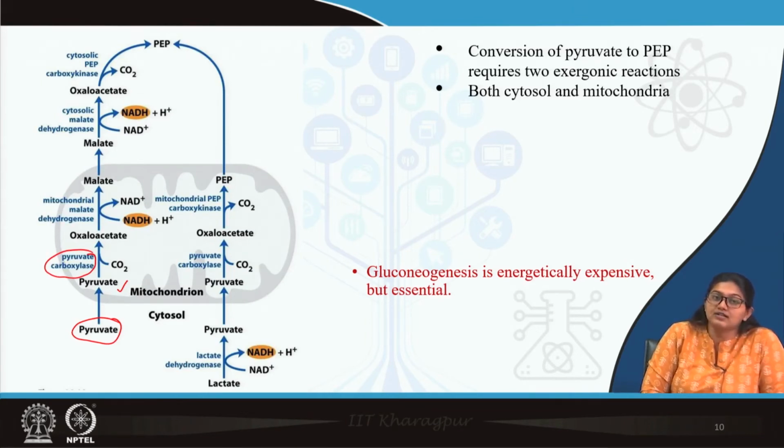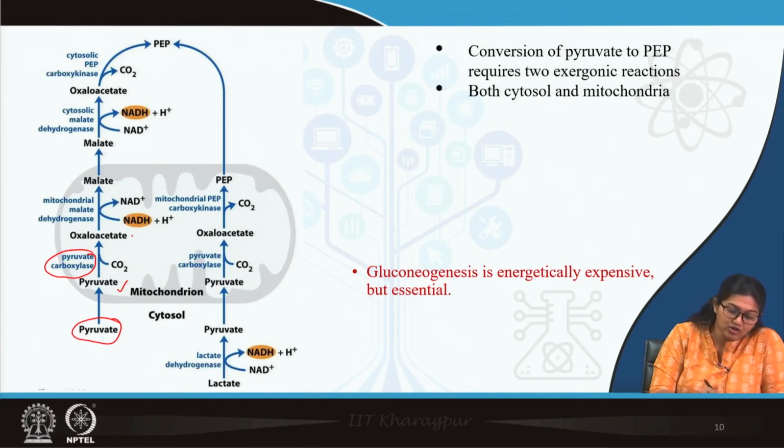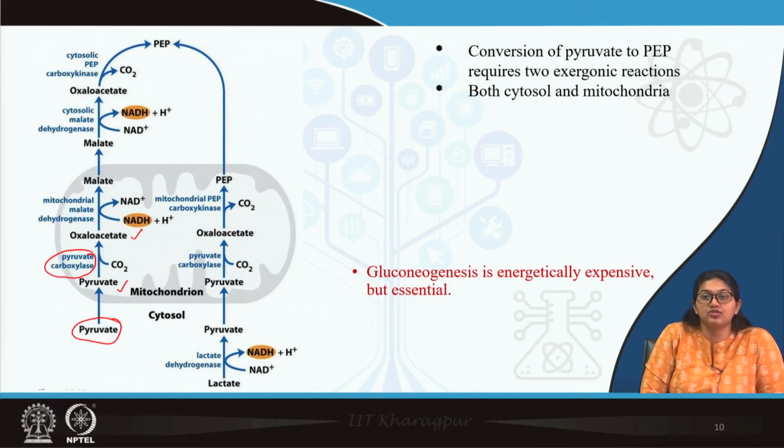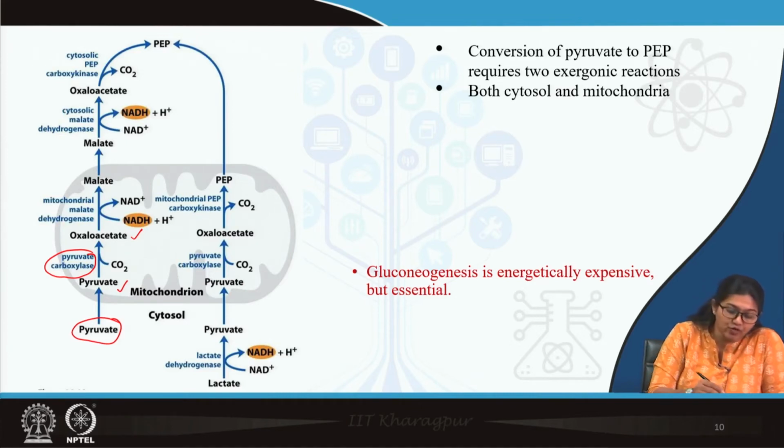Pyruvate carboxylase converts pyruvate to oxaloacetate. Now, this oxaloacetate cannot directly go outside mitochondria because it is impermeable to the inner mitochondrial membrane. So, what happens? Oxaloacetate is reduced to form malate.